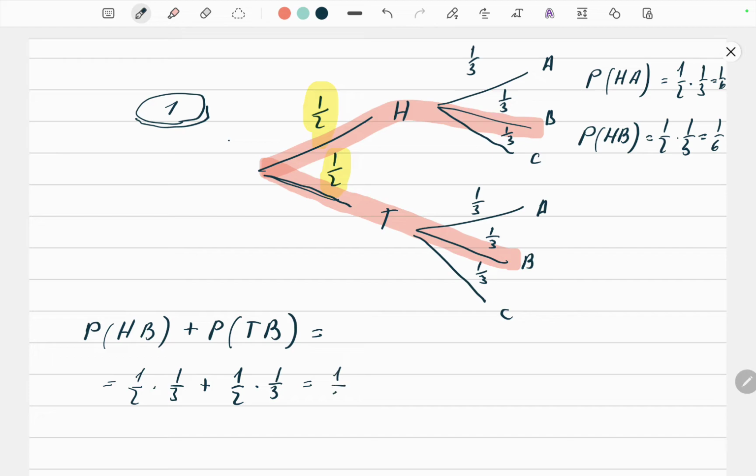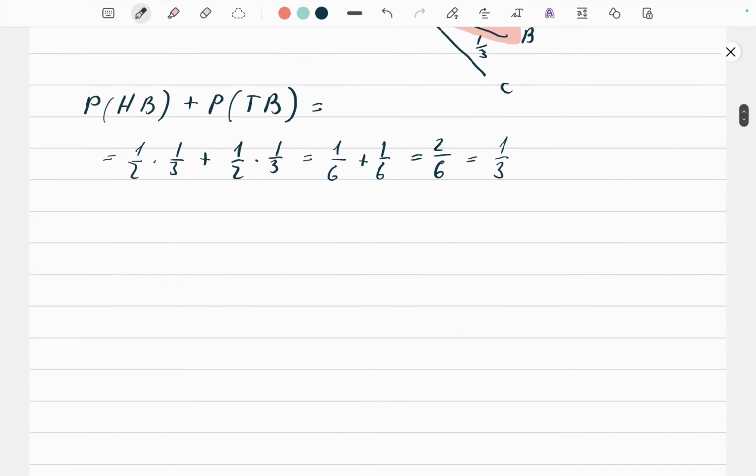So it's 1/6 plus 1/6, together 2/6, or after reducing, 1/3. The more complicated questions you will be asked in the diploma program, in both higher level and standard level. For now, let's solve the prepared question.